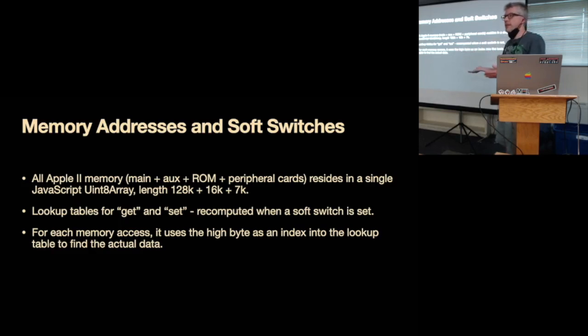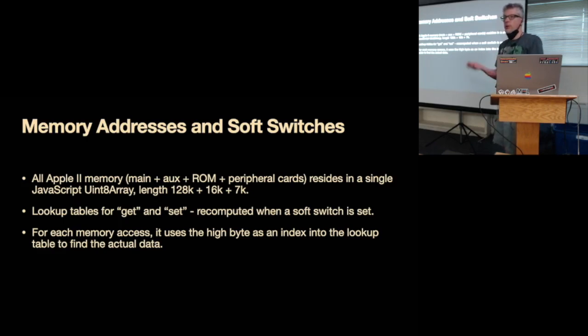The way I did this originally, on every single memory access, I would ask, okay, what's the status of my soft switches? I basically had this giant nested if statement. Horrible. So Tom Phelps, who presented here a few years ago on the IIe emulator, AIIe, wrote to me and said, dude, there's a much better way to do this, which he used in his emulator, which is to use a lookup table.